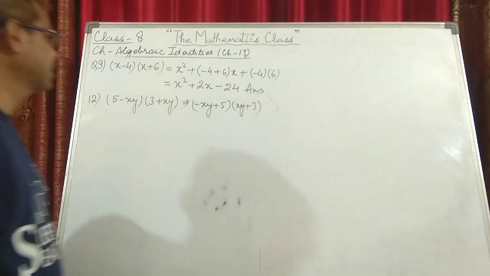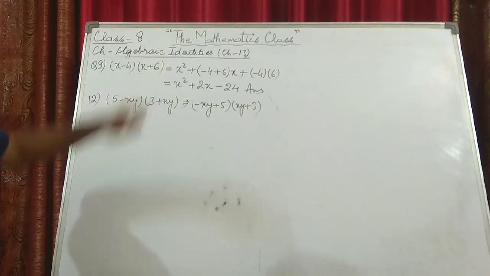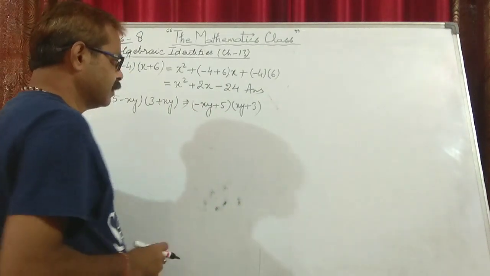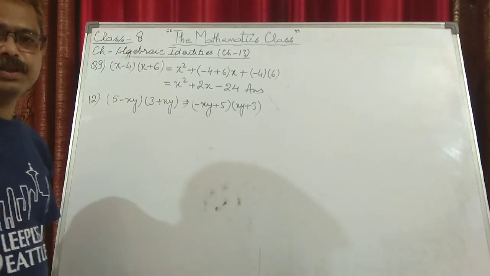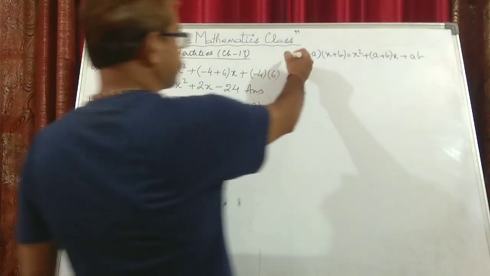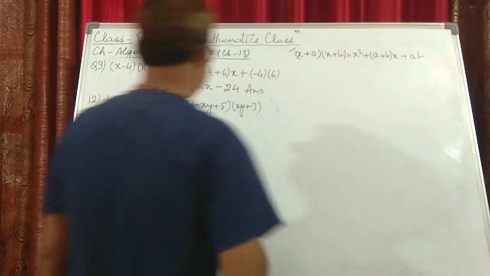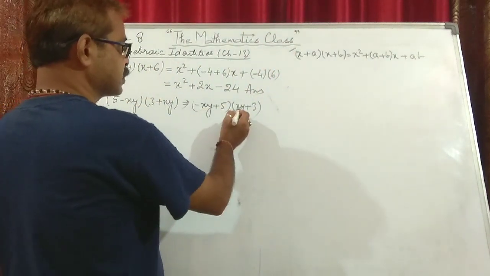Why? To convert it into the form of (x + a)(x + b). Now we know that when we multiply these two, we are using this identity: (x + a)(x + b) is equal to x² + (a + b)x + ab. Now this is minus and this is plus.